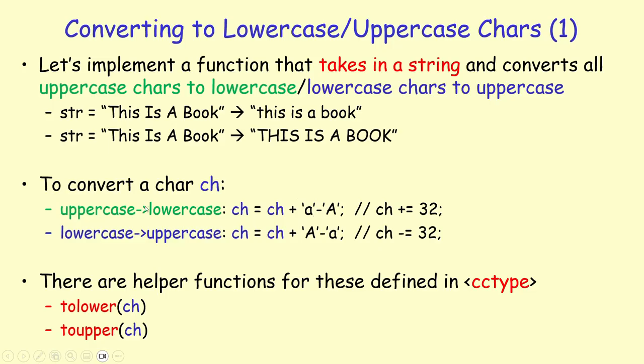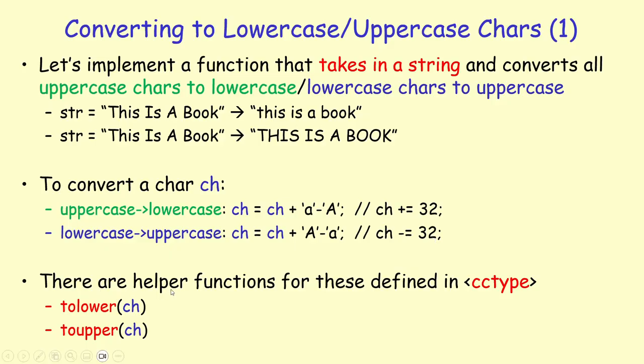So when we are converting from uppercase to lowercase, we are in fact adding 32 to the ASCII value of the character. And when we are converting from lowercase to uppercase, we are doing the reverse operation. So you can say character is equal to character plus uppercase A minus lowercase a, which would amount to subtracting 32 from the ASCII value of the character.